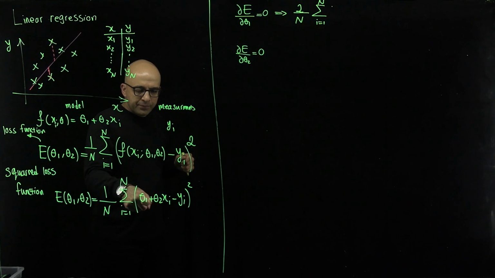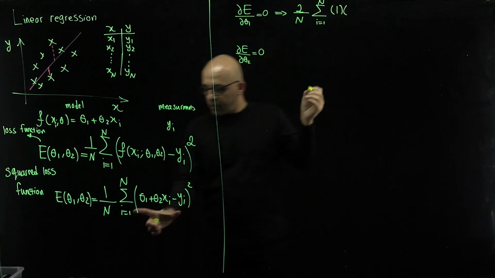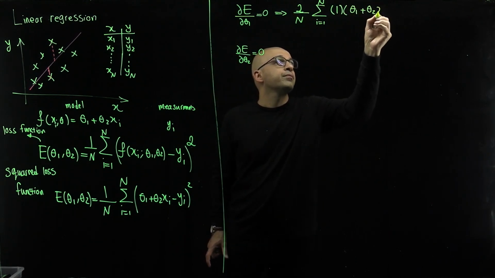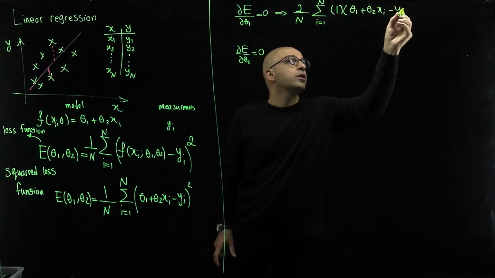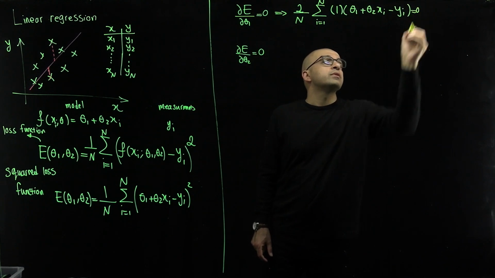And then we have the derivative of this expression with respect to theta 1, which is equal to 1, multiplied by this expression, theta 1 plus theta 2 xi minus yi. And set that equal to 0.